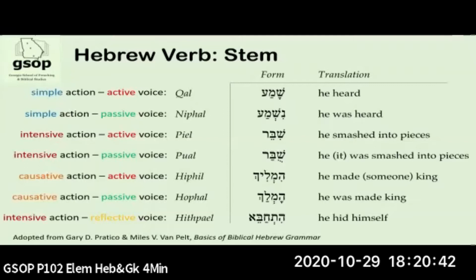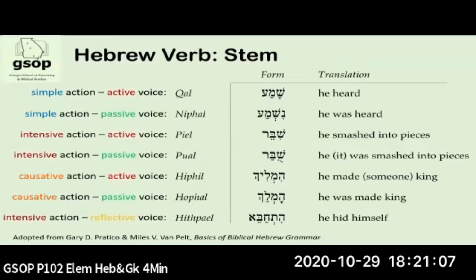He made someone king. Change the vowel pattern and make it passive, still causative, and it's homlak. Homlak. He was made king. That is, by the way, a kametz, or a hatef kametz, which sounds like the O sound, not the A sound. If you remember that.